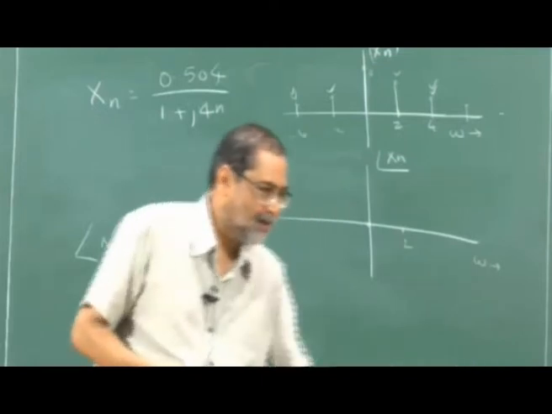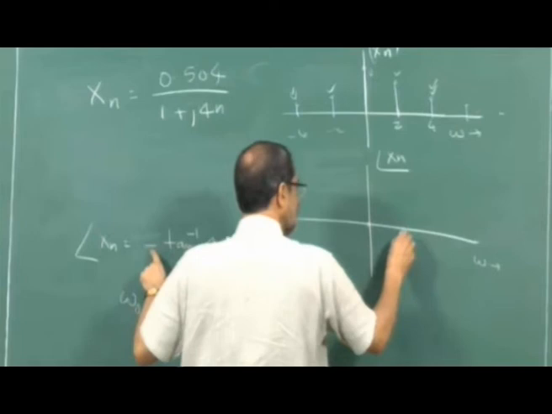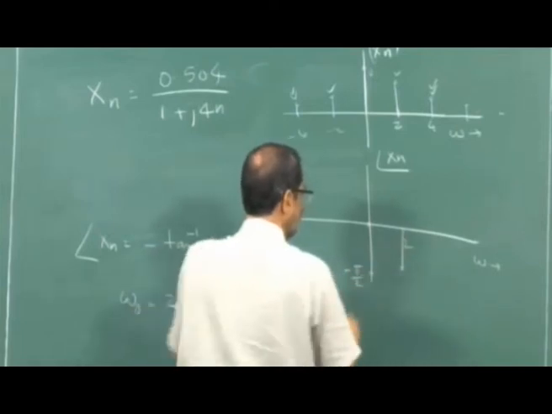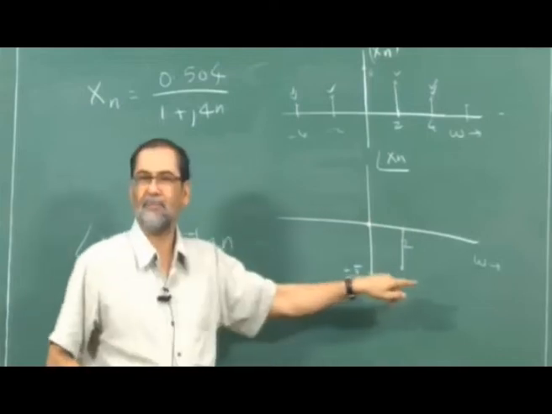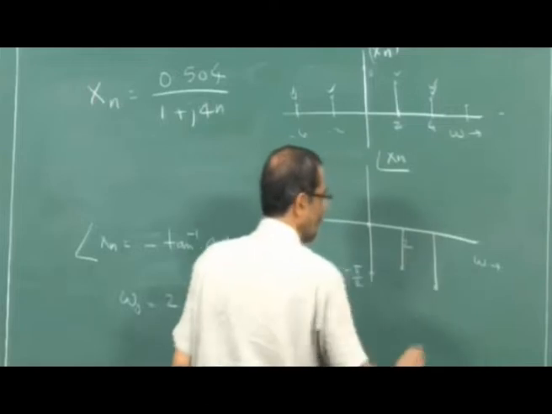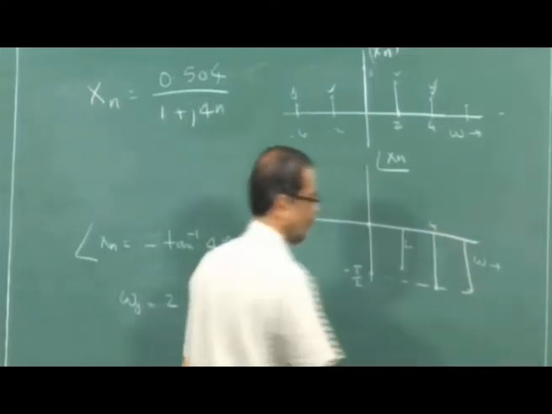I have not shown the value. Because of the minus sign, somewhere here is minus pi by 2. So at 2 it is nearly pi by 2, not quite, but there. At 4 you're almost there. At 6 you've caught up with pi by 2 completely.